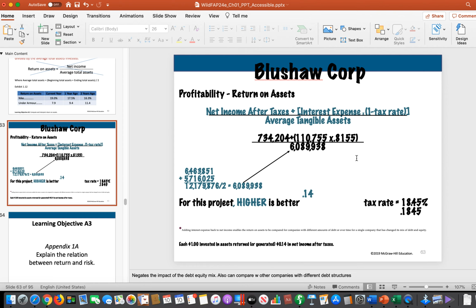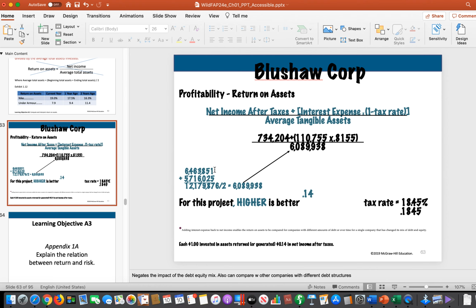So 1 minus 0.1845 is 0.8155. So 0.8155 times the interest expense, you get that number, then add it to 734,204, and then divide it by the average assets.